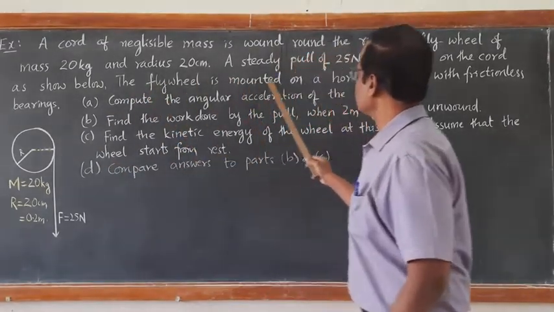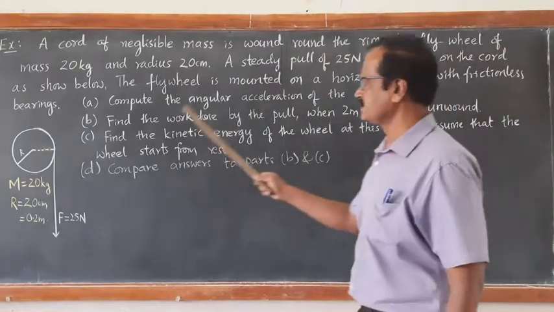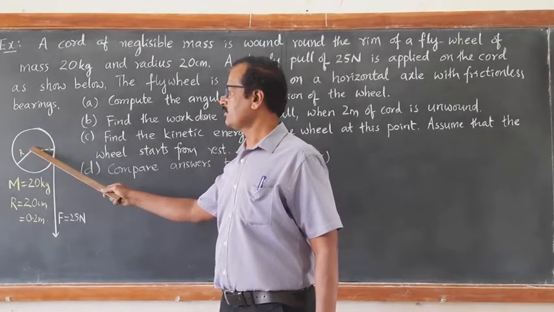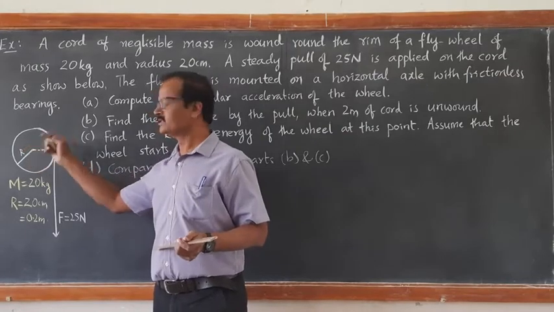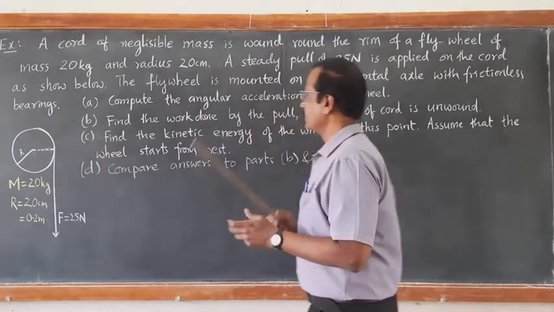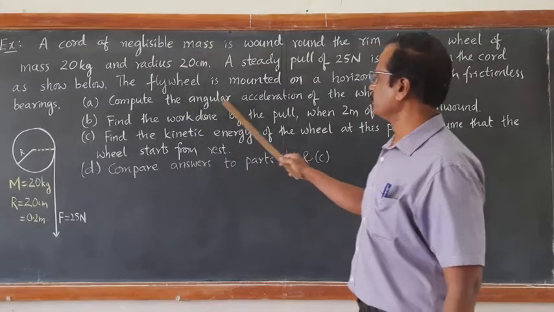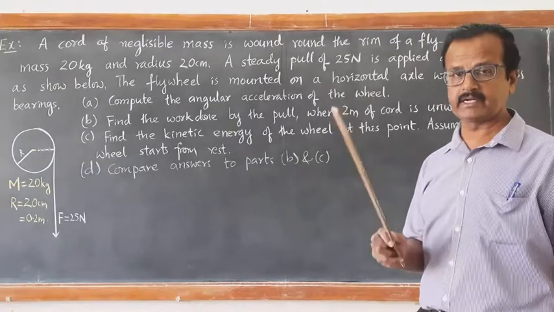The flywheel is mounted on a horizontal axle with frictionless bearings. So it is fixed here on the horizontal axle with frictionless bearings. Then you are asked to compute the angular acceleration of the wheel.